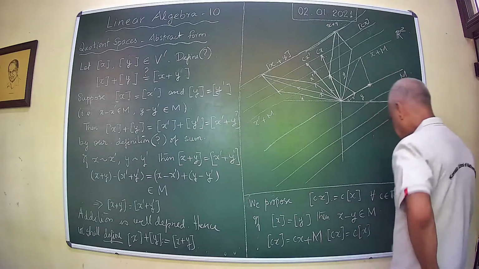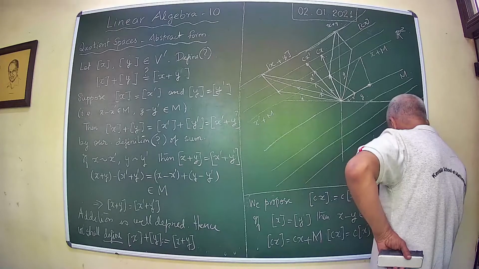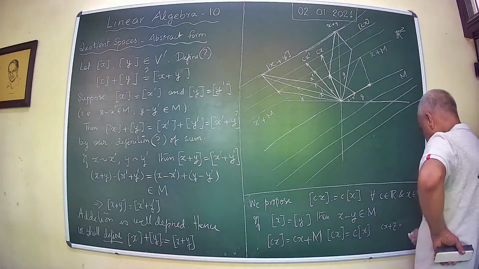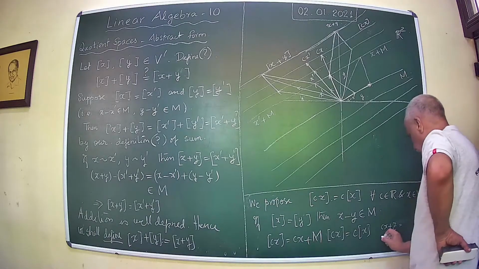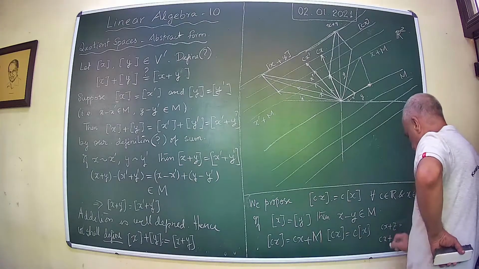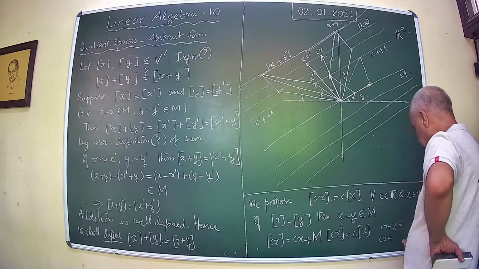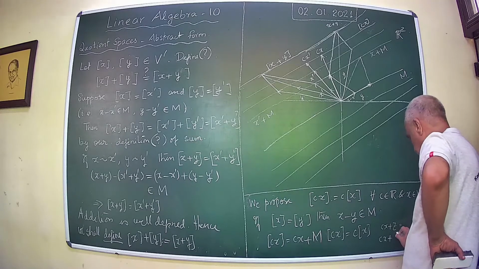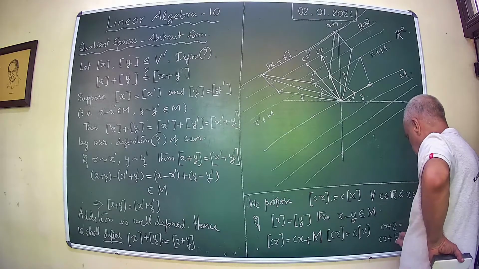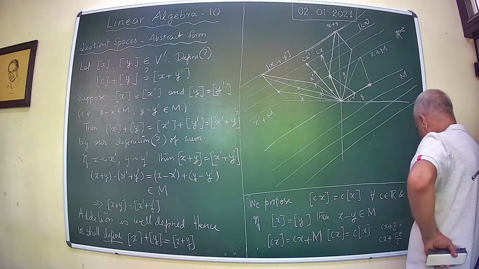It's easy that Cx plus Z equals C into x plus z, or C naught equal to 0.